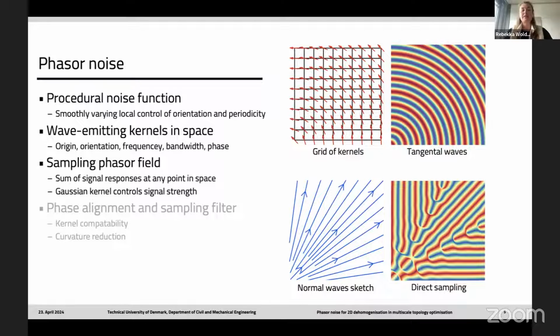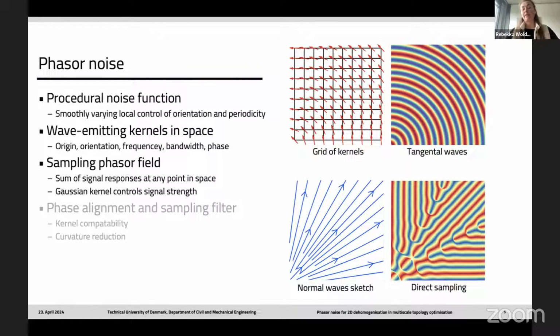And the reason that Phasor noise is quite interesting for de-homogenization is that if you consider this grid of kernels that is placed at the nodes in this grid, and they have been attributed an orientation, you have that the tangential wave field is a trivial solution, but the normal waves as sketched below become non-trivial, and therefore there is a trade-off between periodicity adherence, orientation adherence, and also connectivity.